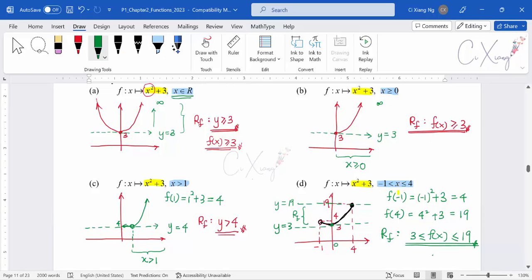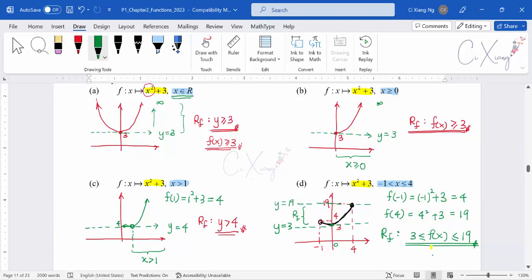So this is one example to show you that when we have the same expression for a function but a different domain, the range that we want to find might be different, although the expression is the same. I think it is a good example to show that when we have different domains, the range, some might be the same, some might be different.